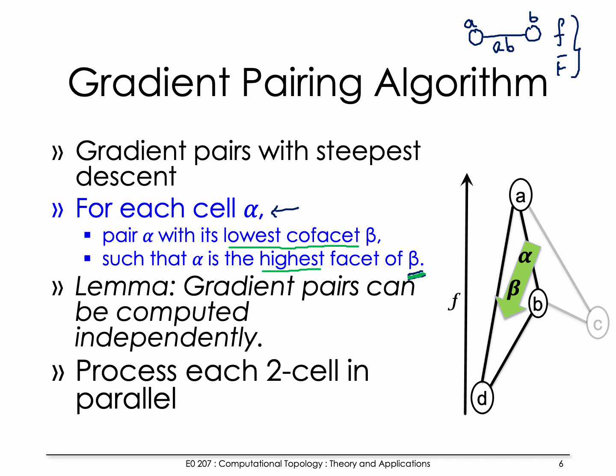So the choice of alpha beta pair does not depend on the choice that you have made, for example, about pairing the triangle ABC. So this essentially means that every two cell can be processed in parallel by a different thread, and we are guaranteed to get the same result.